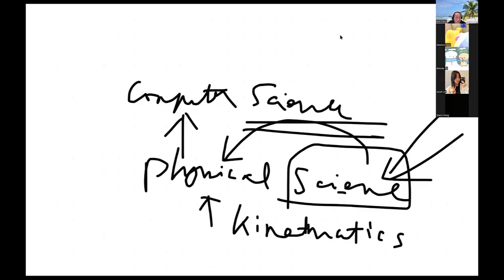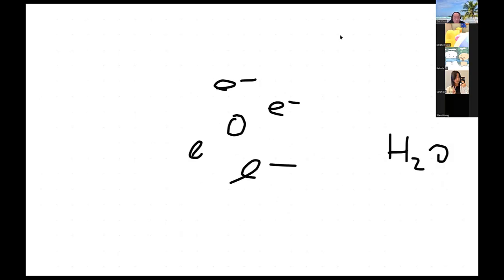So chemical science is a science that studies chemistry, talking about how atoms, electrons, molecules, how these different things work.